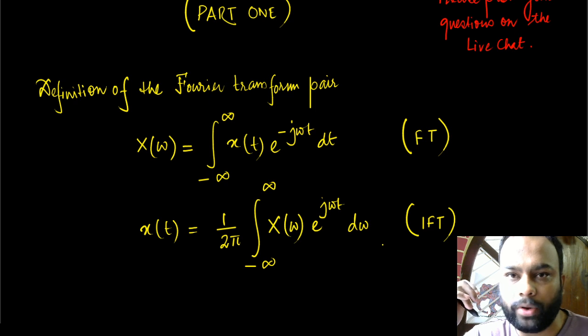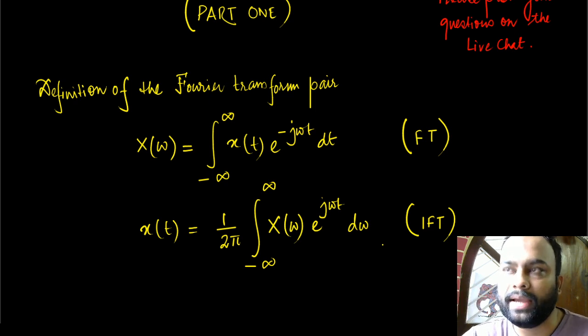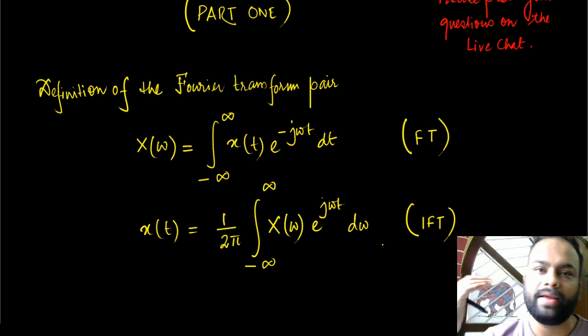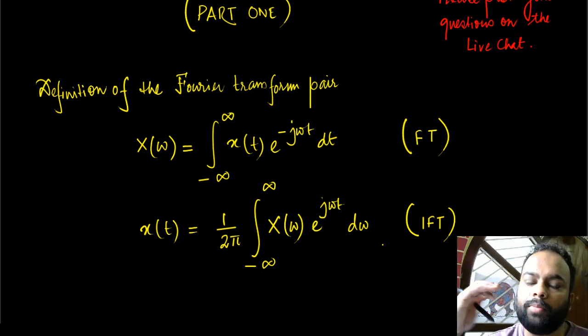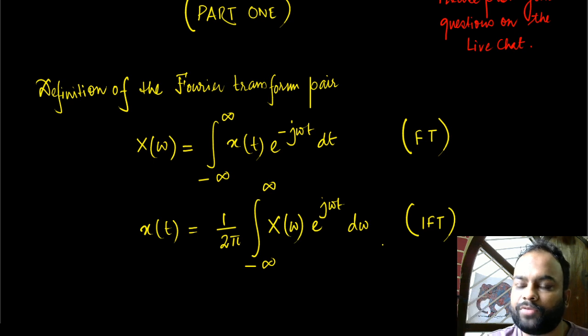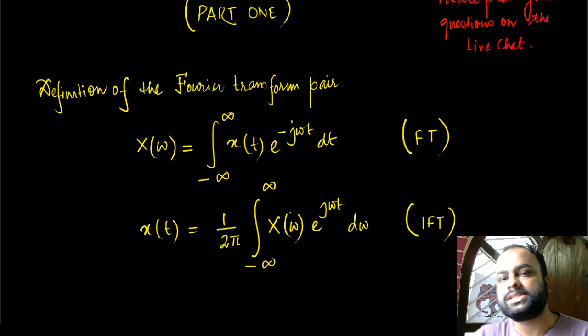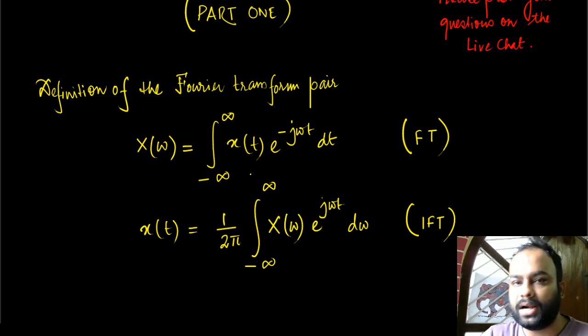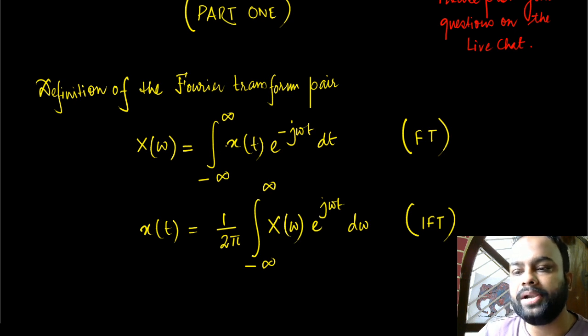Those who study communication engineering, for example, in the Department of Electronics, study Fourier transform in a slightly different fashion, because for us the frequency is in radian per second, but for them the major difference is that the frequency should be in hertz, not radian per second. And then there is classical physics. In classical physics also, Fourier transform is quite used, and there the definition is slightly different again.